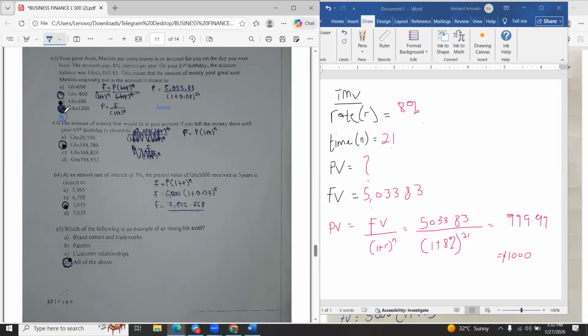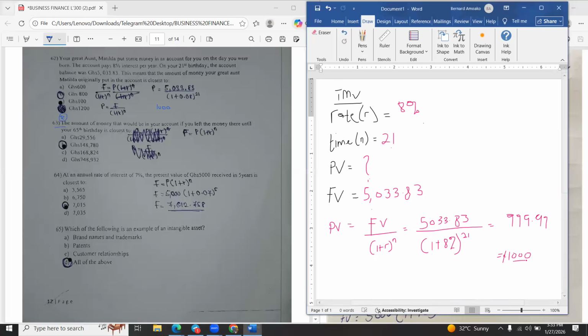Okay. Now, the next question is a follow-up question on question 62. It says the amount of money that would be in your account. So this wouldn't necessarily be present value, because in your account, if you left money there until your 65th birthday, they are asking you, assuming you are leaving this 1,000 for 65 years.